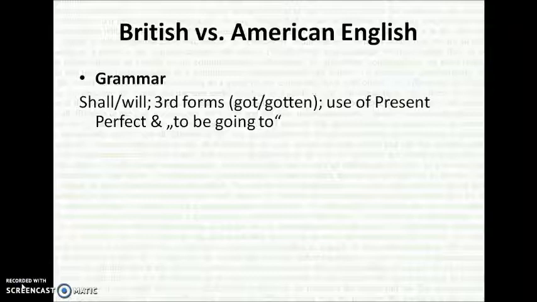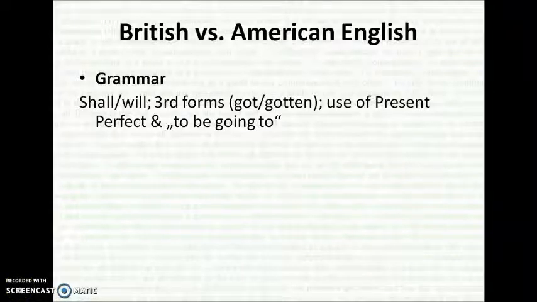And the last grammatical difference we are going to talk about is about expressing future. When talking about very near future, for example, when giving directions, a Brit is more likely to say, "You will see," whereas an American is more likely to say, "You are going to see."